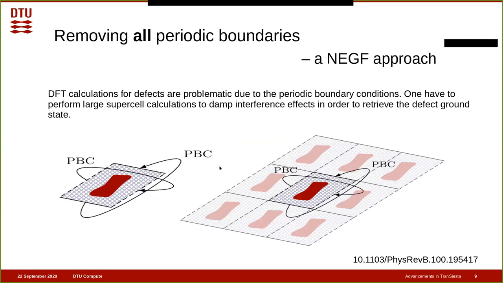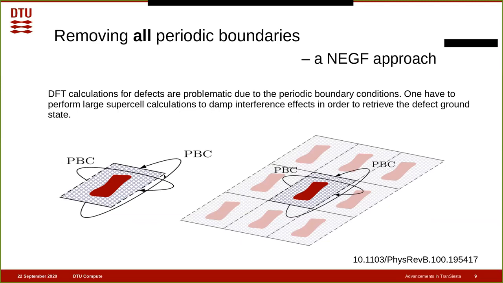And then another detail: removing all periodic boundaries. As Pablo mentioned, you have the transverse periodicity, and that is really not desired. So what you do for a regular SIESTA calculation is that you have some kind of bulk part out here, which is highlighted by the grid, and then you have some defect, the red blob.